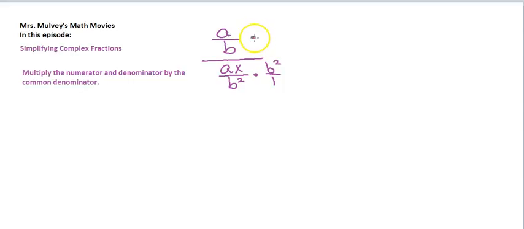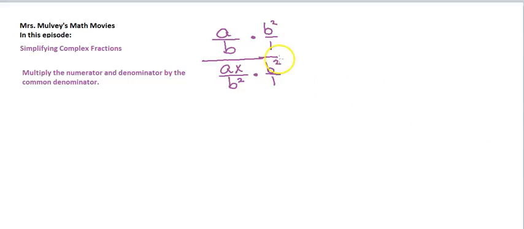So if I also multiply by the b squared over 1 up here, now what I'm really doing is multiplying by b squared over 1 over b squared over 1, and anything over itself equals 1. So really I'm just multiplying by 1, and when I multiply by 1, it does not change the value of what I started with. So that's what lets me do that, because really I'm just multiplying by 1.